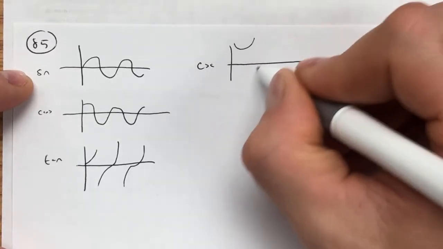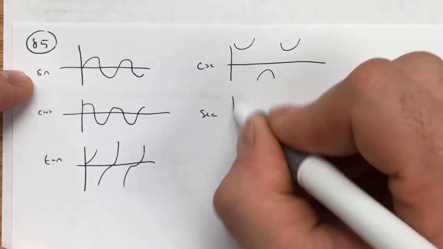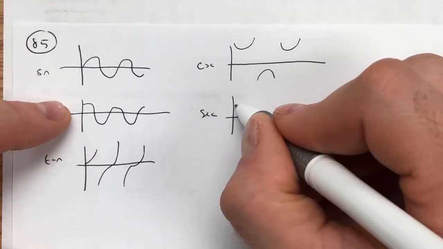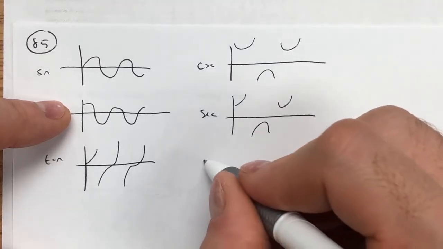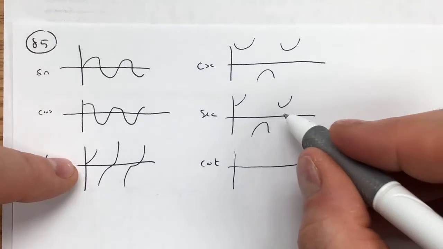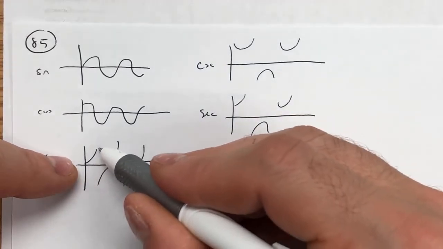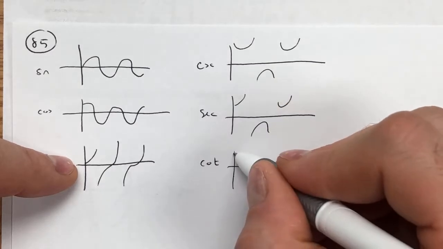It does this, this, this. Secant starts a little over, so it goes up, but in essence looks the same. And cotangent, we know it goes through 0, starts at infinity.